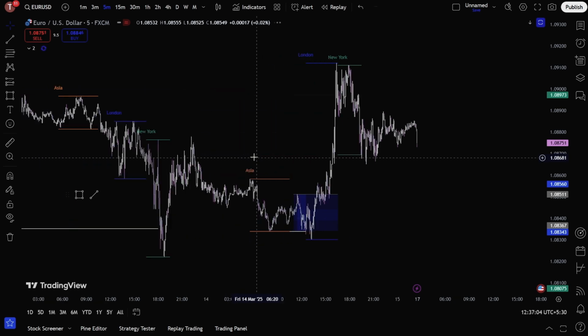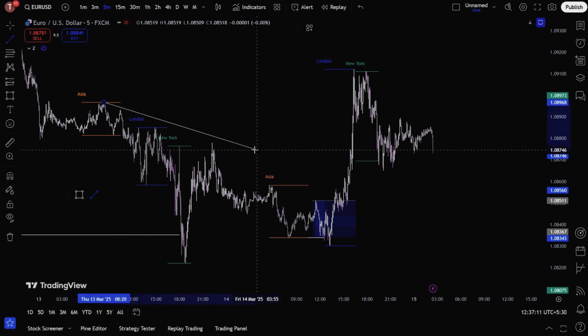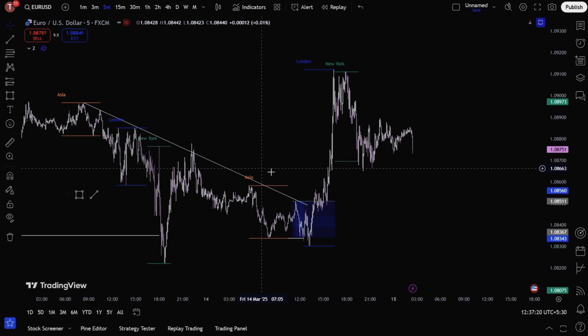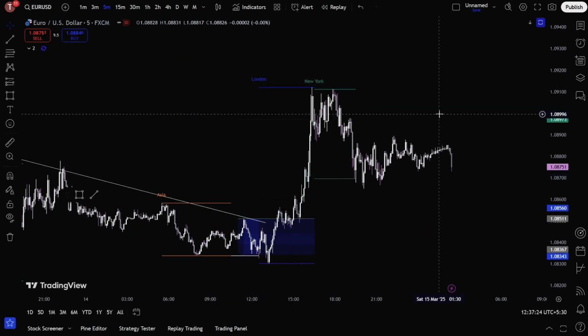So this was my target, and the reason is the same: the price had left unmitigated area in the upside direction, and we had this trend line liquidity, or whatever you can say. We had unmitigated zones in the price, and we had a reason for the price to go into the further upside direction.